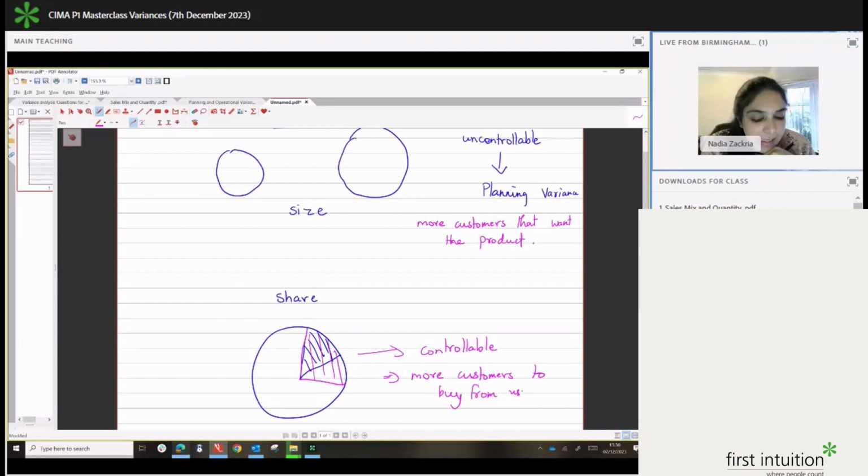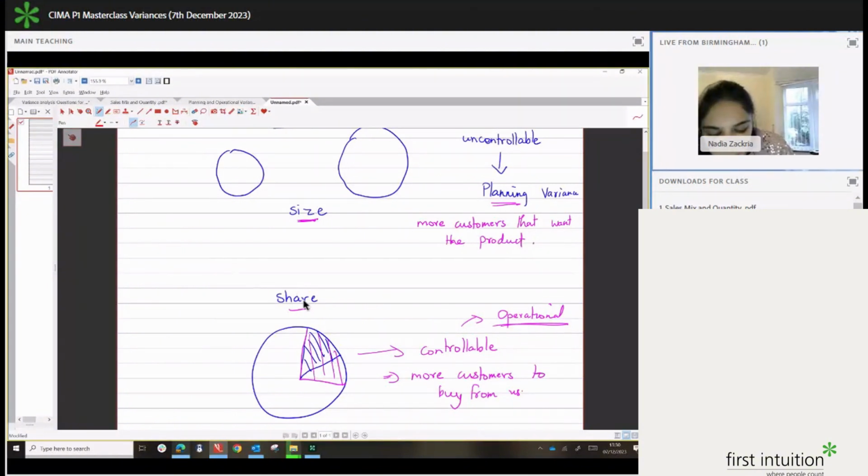Right? And that's the difference between market price and market share variances. So they don't tell you planning variance or operational variance. They will tell you the word market size or market share. You've got to remember market size is a planning variance, whereas market share is an operational variance. How does it make a difference? It's all in your working.